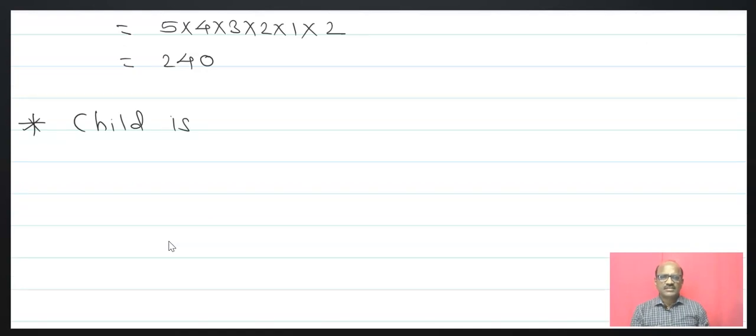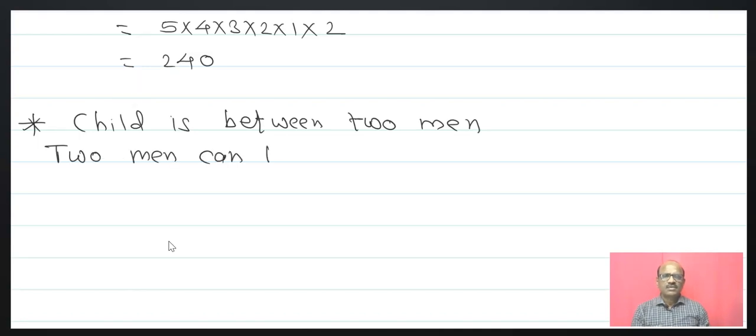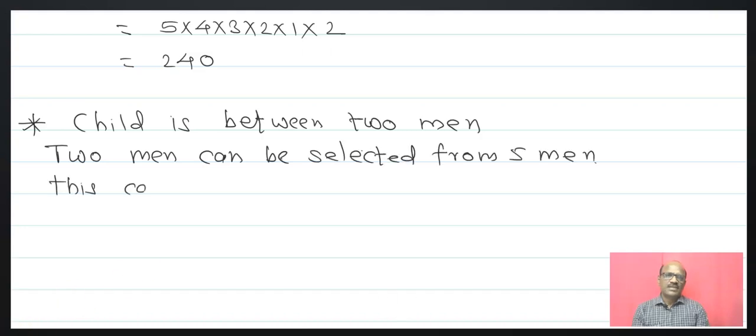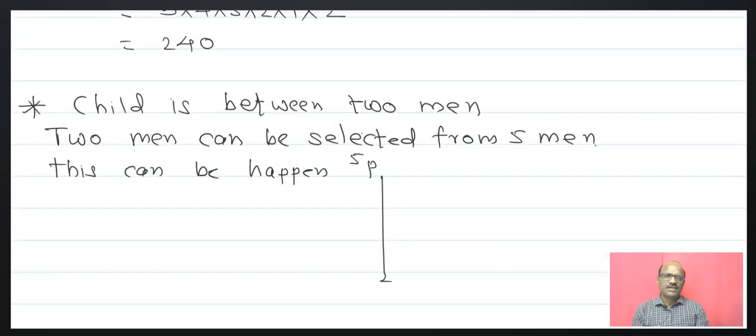Next, child is between two men. Two men can be selected from 5 men, that is 5C2 ways.